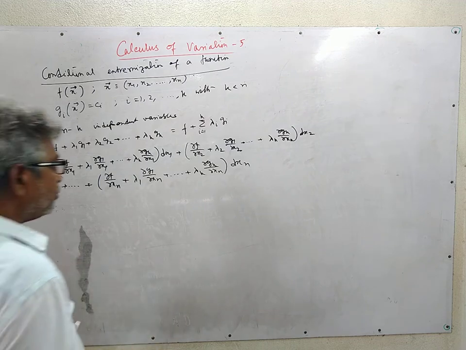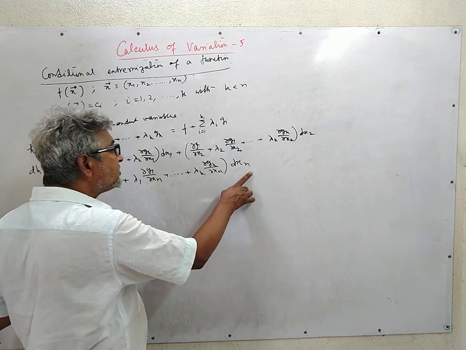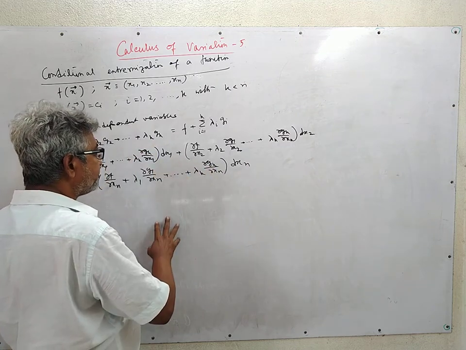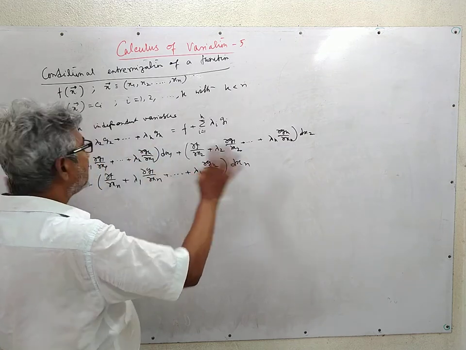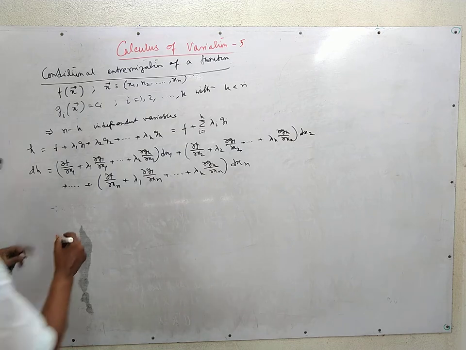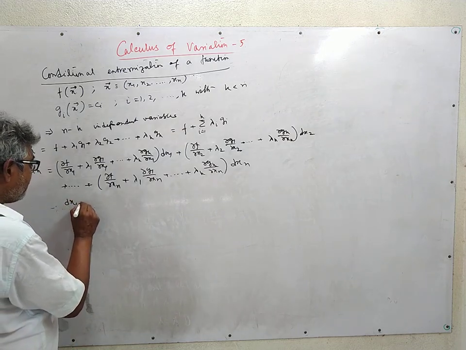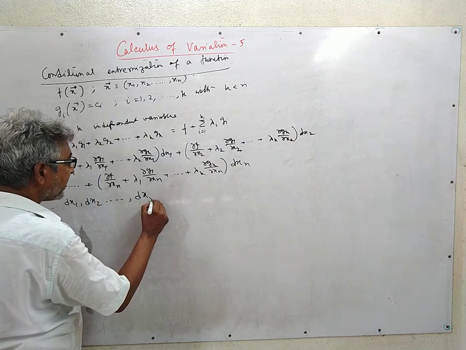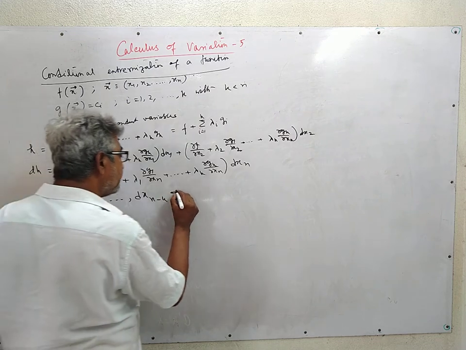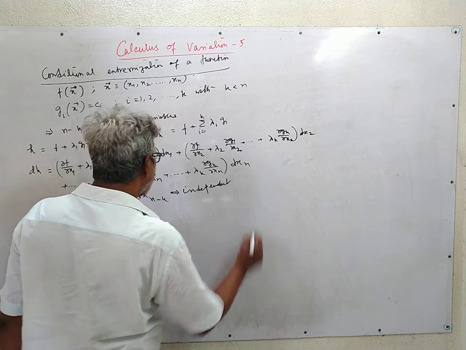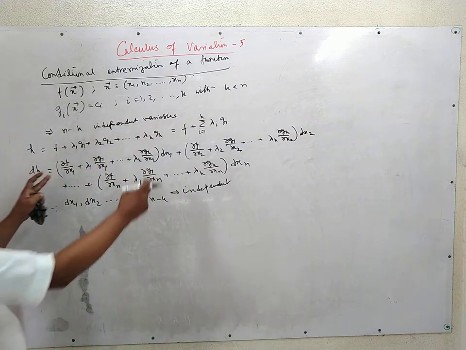We use the last k equations to determine lambda, and the first n minus k, that is dx1, dx2 up to dx n minus k, are treated as independent, which can be varied at will. So this is equal to 0.